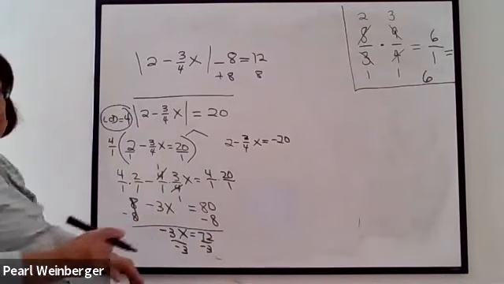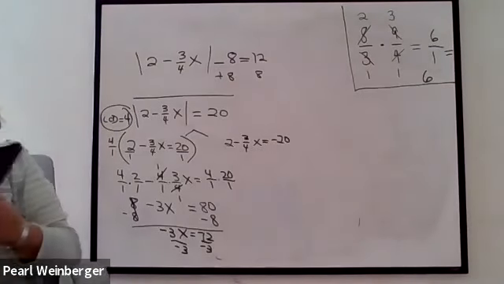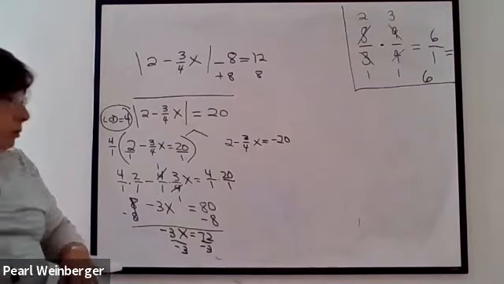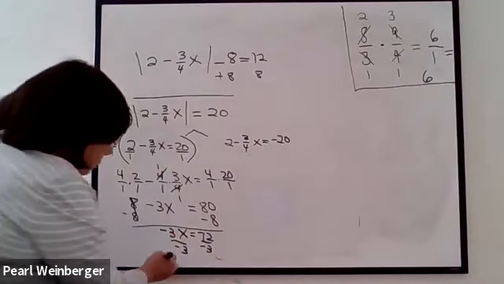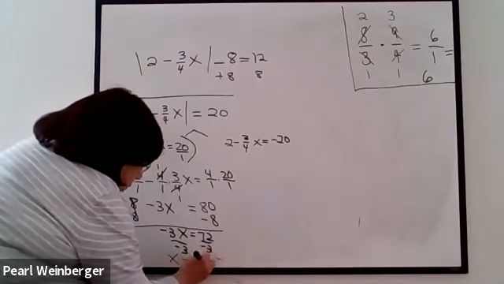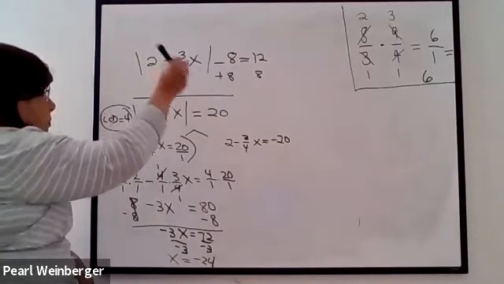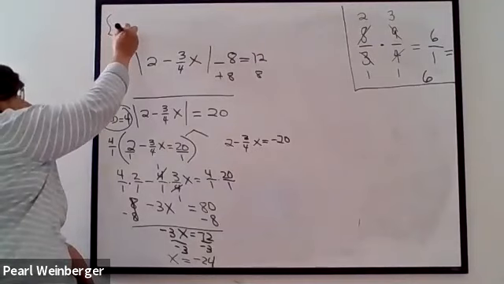And of course, I can use my calculator to do that division. 72 divided by 3 is 24. So this gives me x equals -24. So my first answer to that was -24.